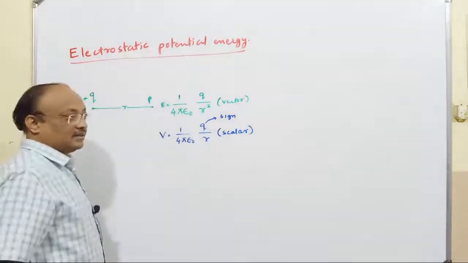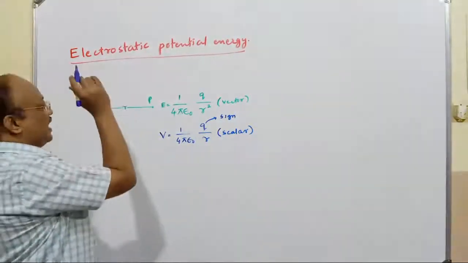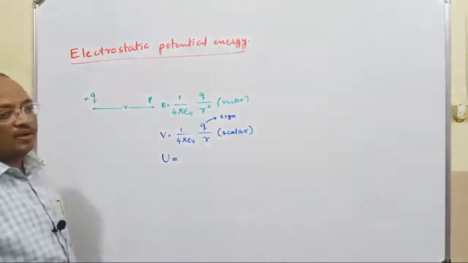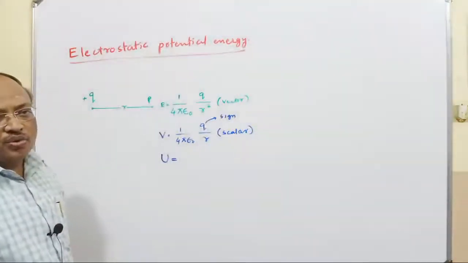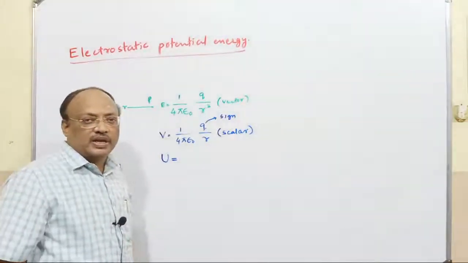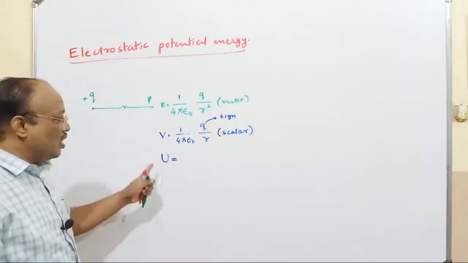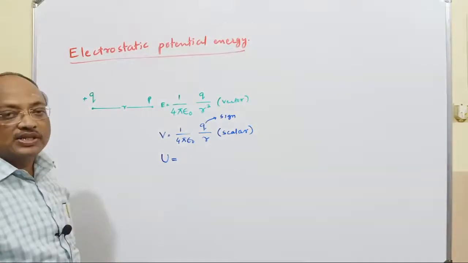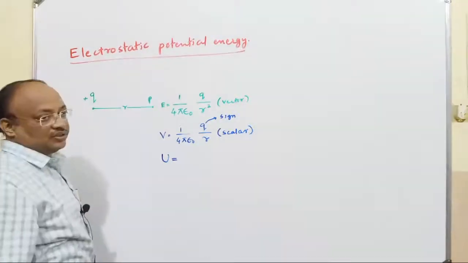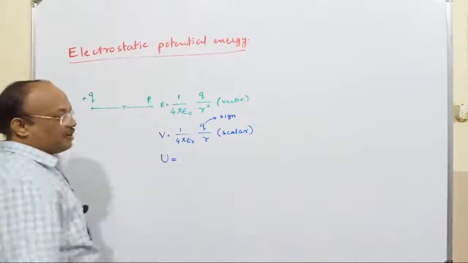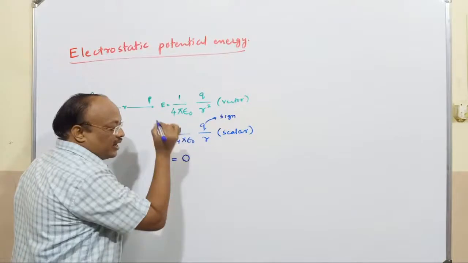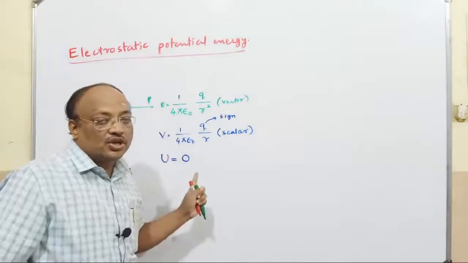Now I will ask, what is the electrostatic potential energy? We usually denote it by U, as we have already seen in mechanics in the first year. What is the electrostatic potential energy of this single charge at this point P? For a single charge, it is 0.